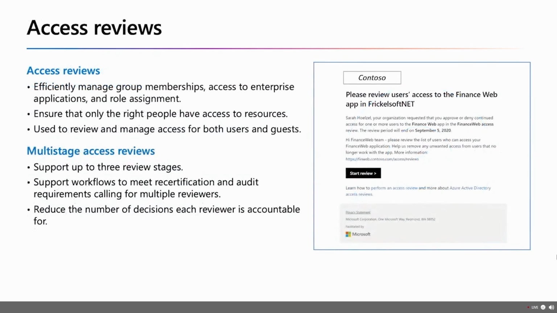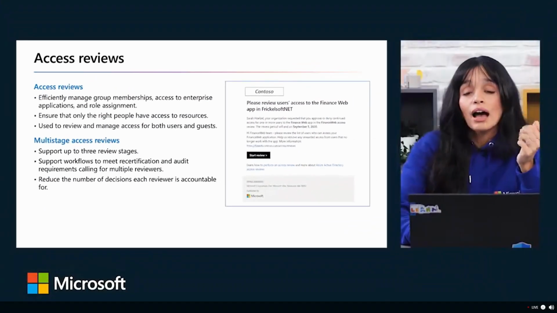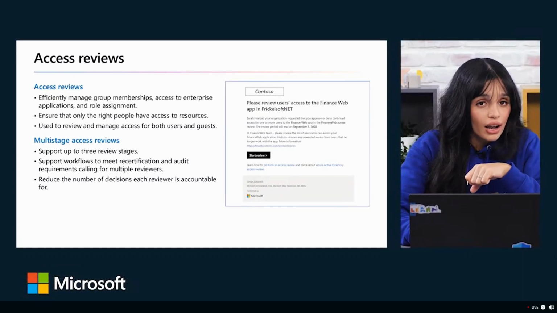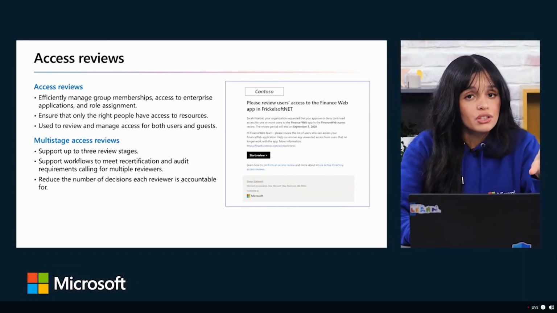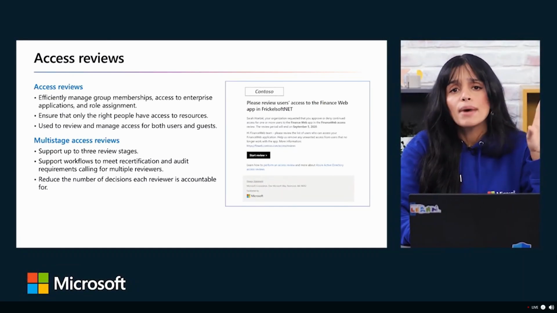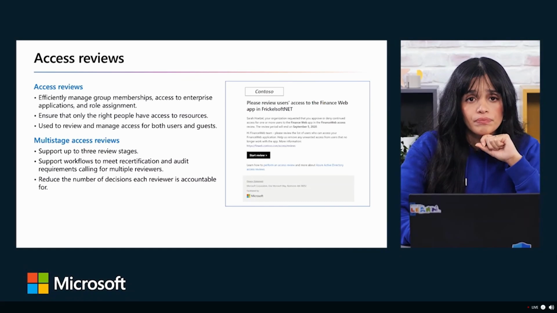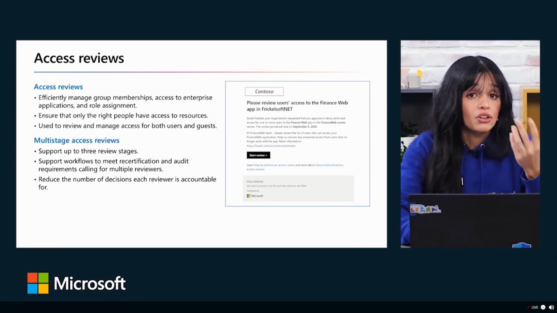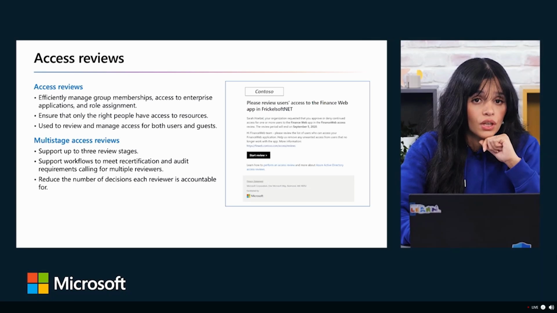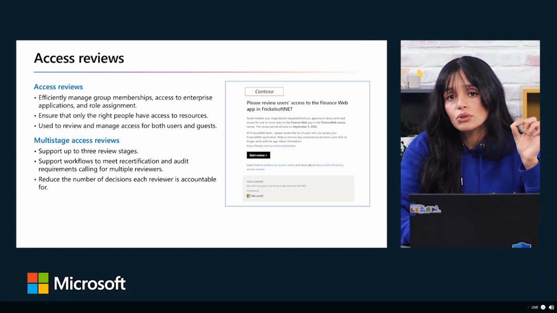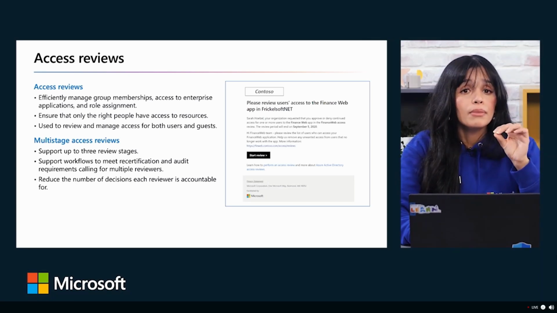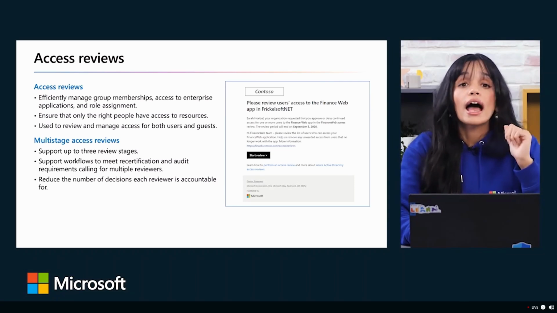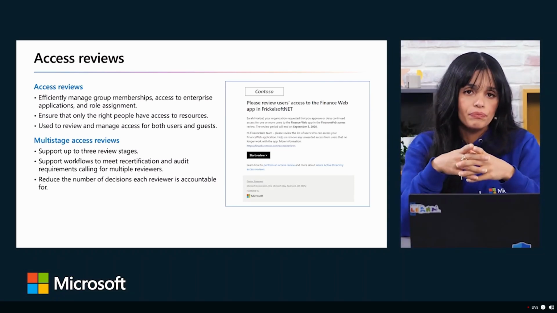We also have access reviews. Access reviews in Microsoft Entra ID enable organizations to efficiently manage group memberships, also access to enterprise applications and role assignments. User access can be reviewed regularly to make sure only the right people have continued access.